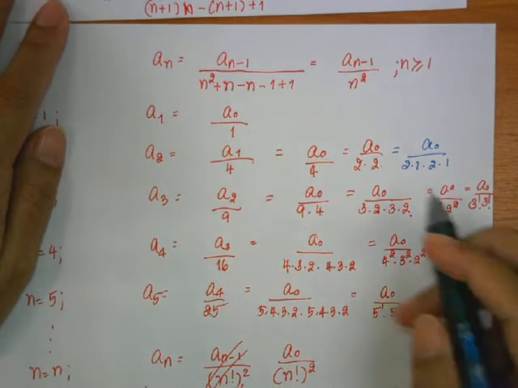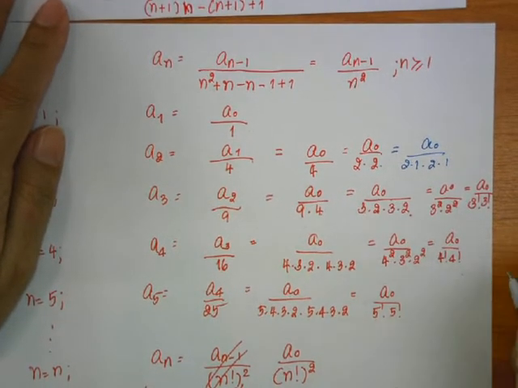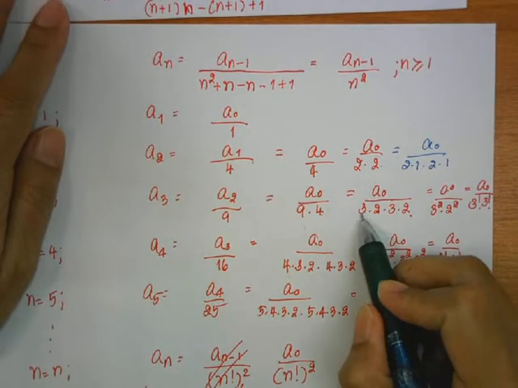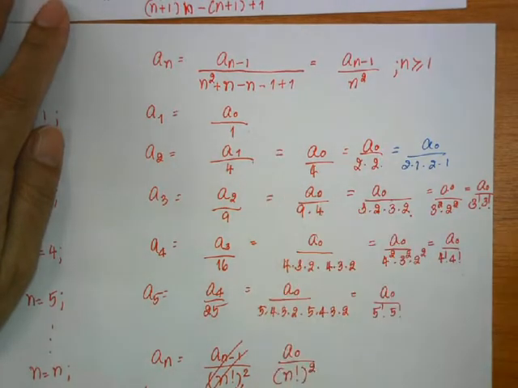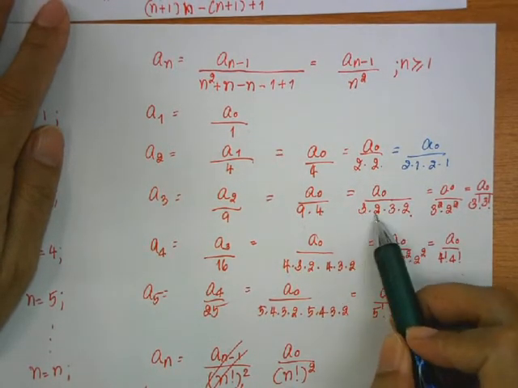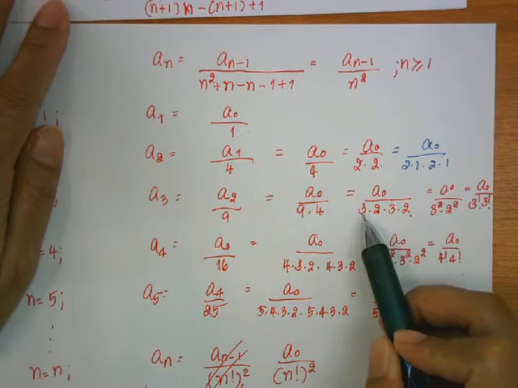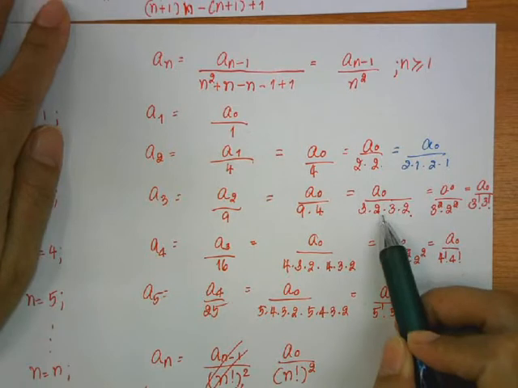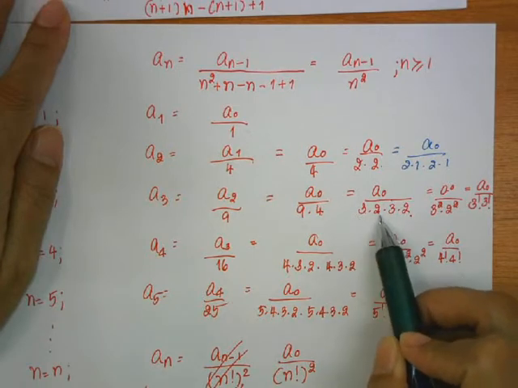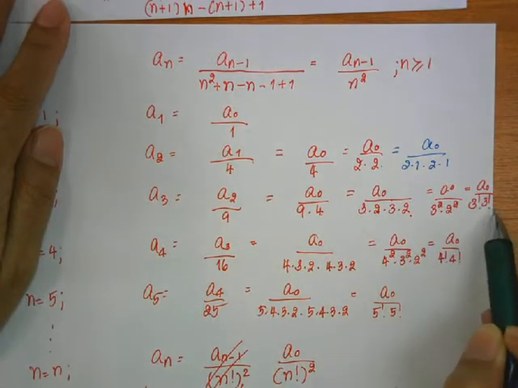So I just rearrange it in such a way because I know that we have 3 and 3, and we have 2 and 2, and we have 1 and 1. So I just put them together because I know that 3 times 2 times 1 is equal to 3 factorial. So it seems like you have 3 factorial times 3 factorial.